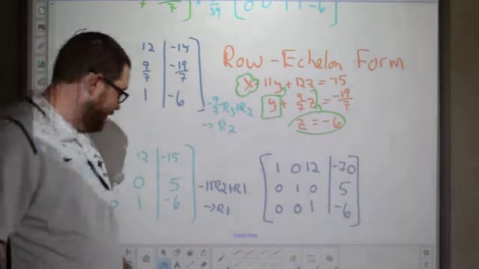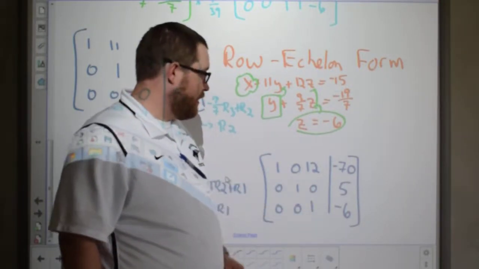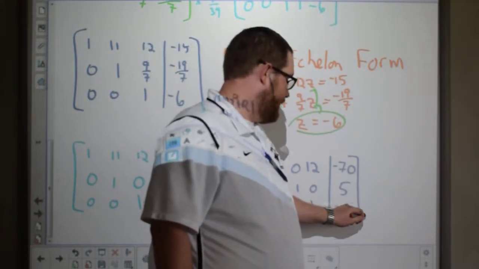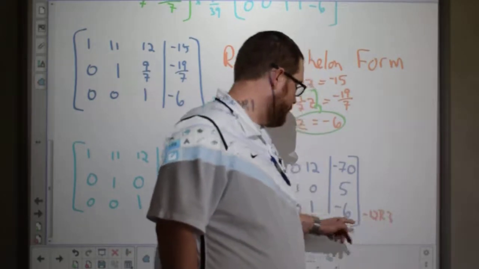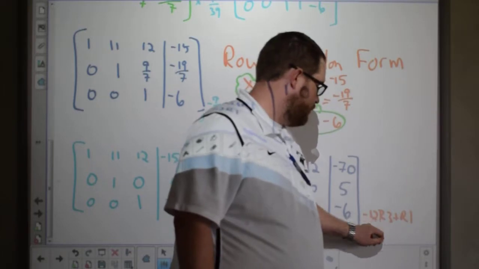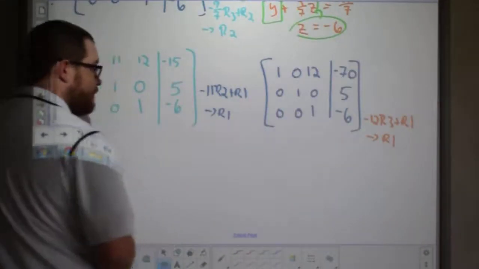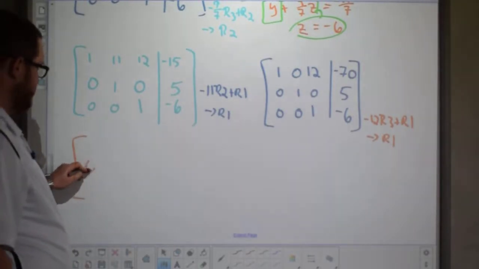I'm almost done. I'm going to use this row, this 1, to get rid of that 12. So I'm going to say negative 12 times row 3, because that'll cancel out, plus row 1, and I'm going to put that into row 1. My last step, thankfully. The only one that's changing is row 1.